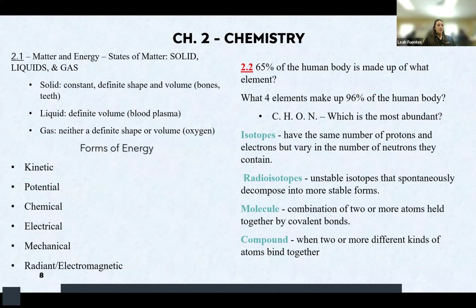The way these can show up on the exam is, they'll give you all of the definitions in blue in your multiple choice, as the answer choices. Then the question will be to identify the definition that's being talked about. They'll give you, have the same number of protons and electrons, but vary in the number of neutrons. You would need to select isotopes, radioisotopes, molecules, or compounds.